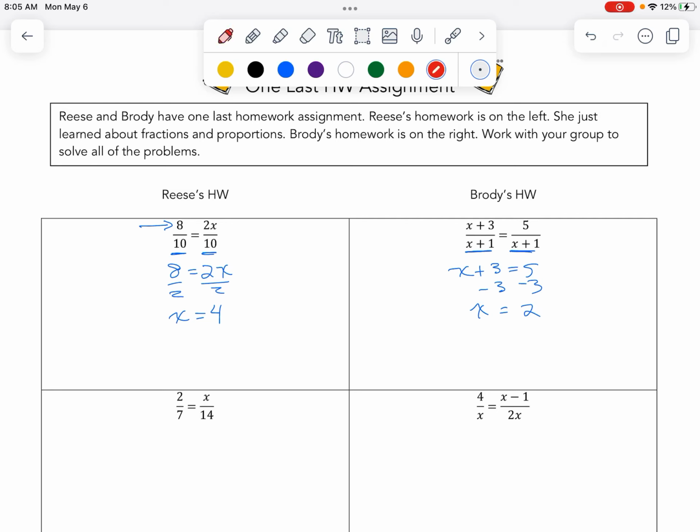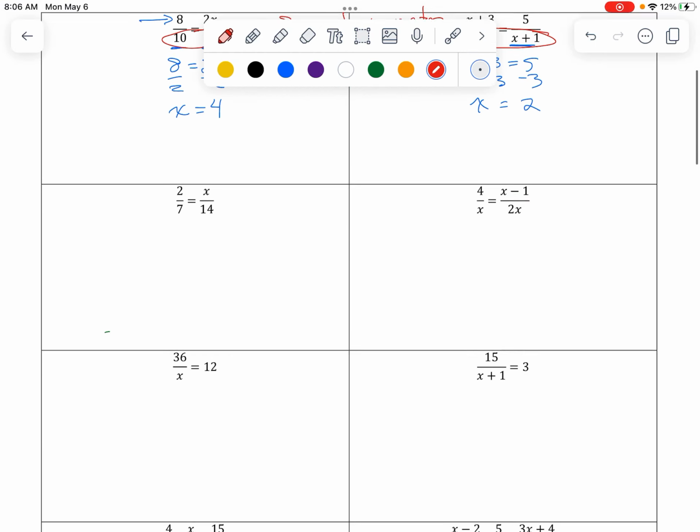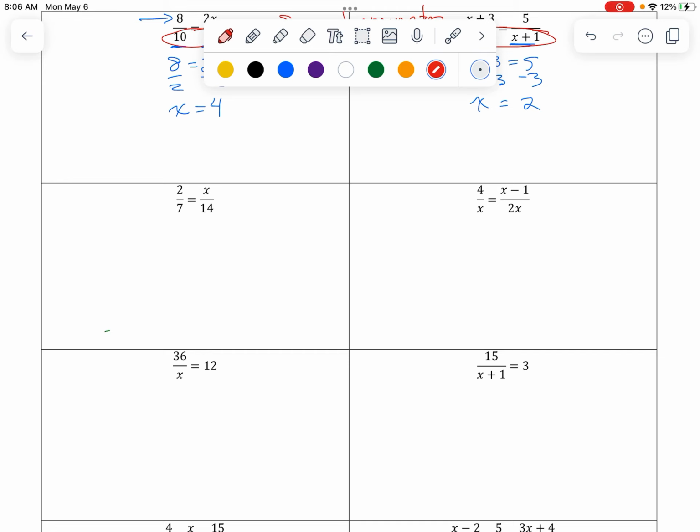So teacher notes for this first one is if you look and you notice that you have the same denominator, we just need to set numerators equal. Okay?